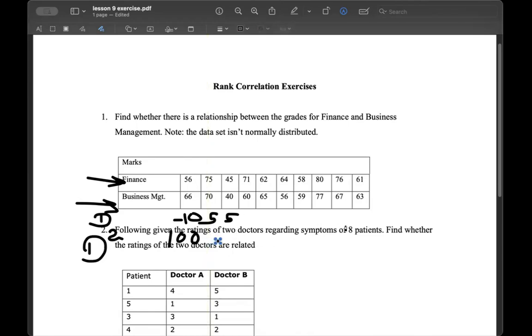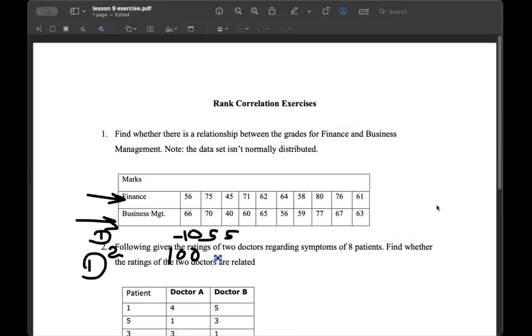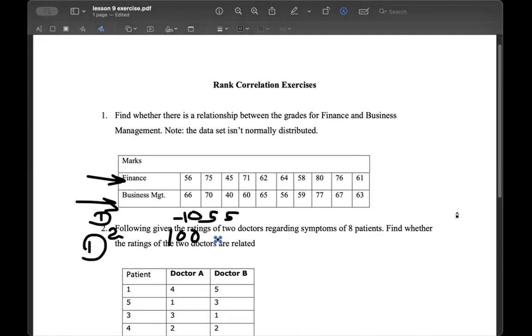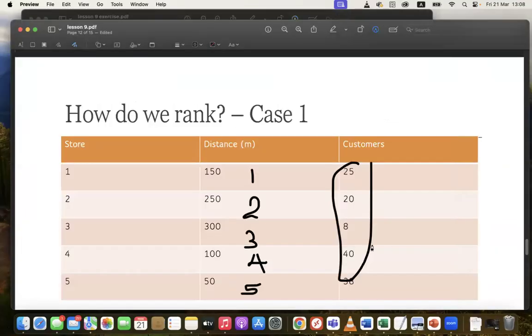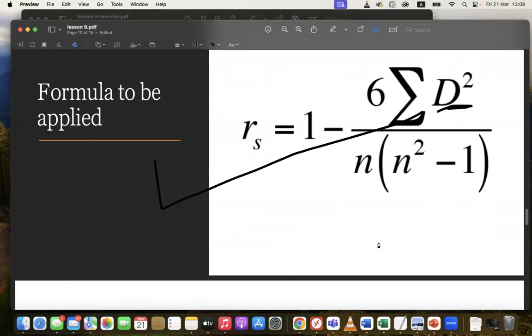Then we can apply the previous equation they have given us. So we can use that equation and calculate the rank correlation value. See this one, this is what we have to apply. So the Spearman rank correlation would be this.